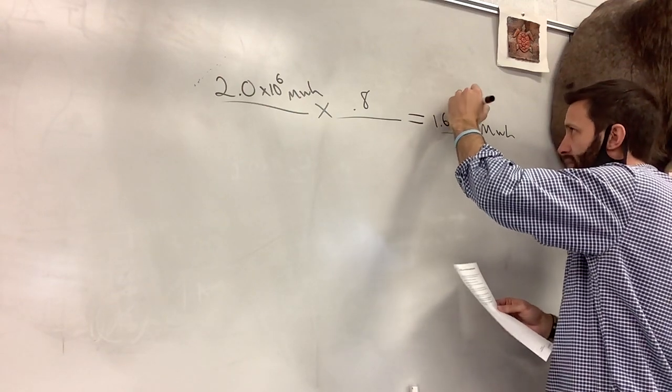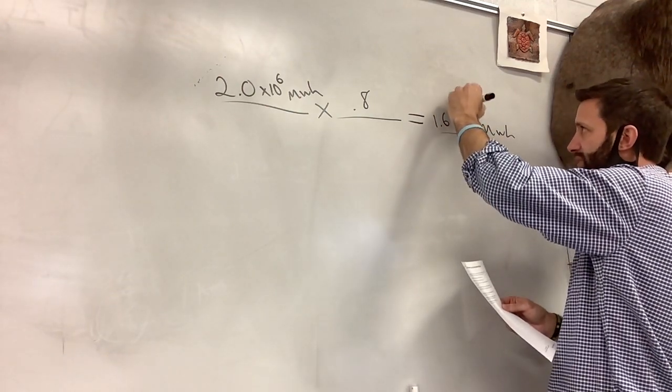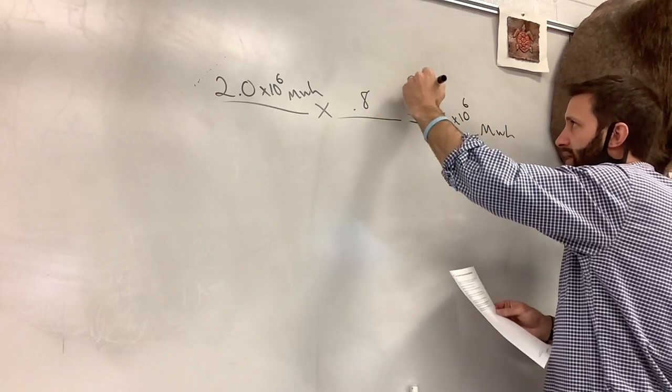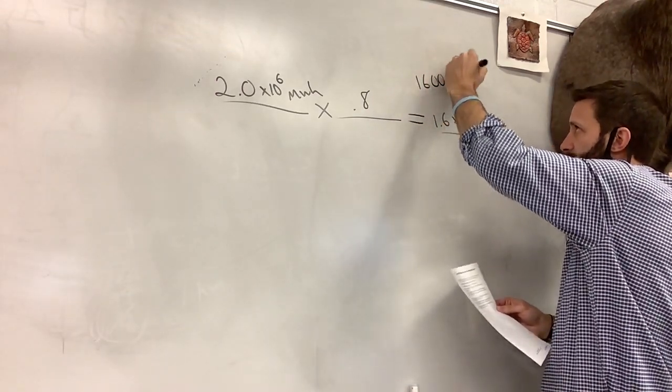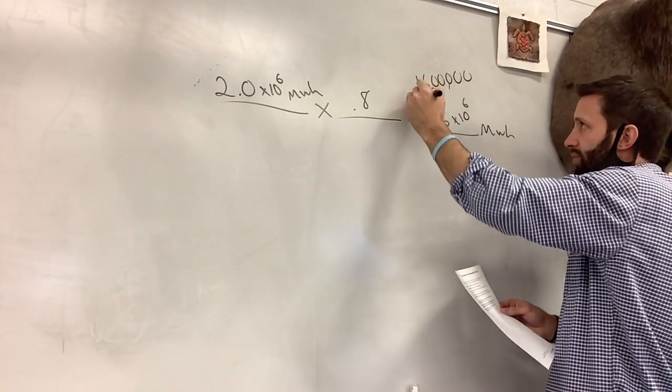So that should be 1.6 times 10 to the 6, or if you write it out, it's going to be 1,600,000. Yeah, because that's 6 places over.